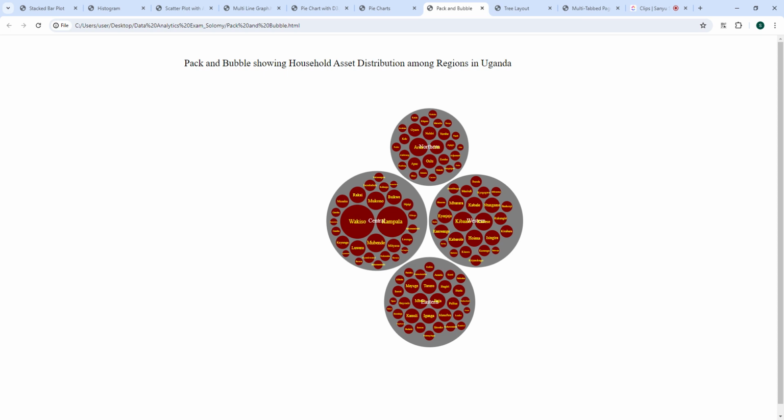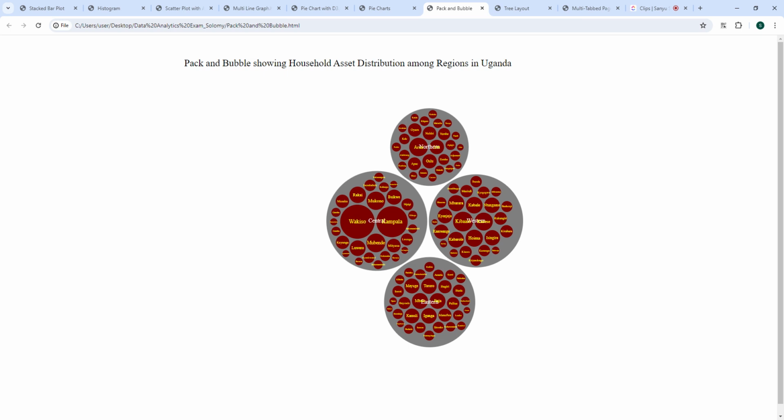It was through the use of the radius. This radius helped me to display numerical values, because this data set that I was using had the number of household assets per district. So that is what I used here.